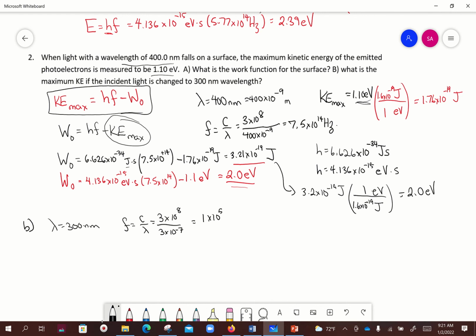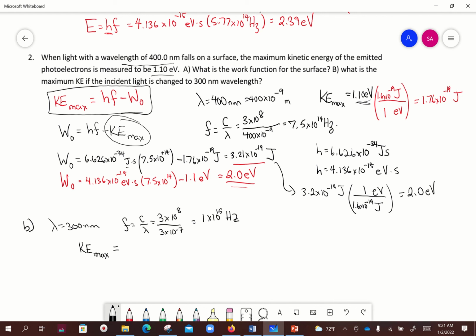I get 1 times 10 to the 15 hertz, so I get a bigger frequency, and so I've got a bigger energy. I'd expect a bigger energy of electrons getting kicked off, because if I have more energy of light coming in, then the electron should be bounced off with more energy.